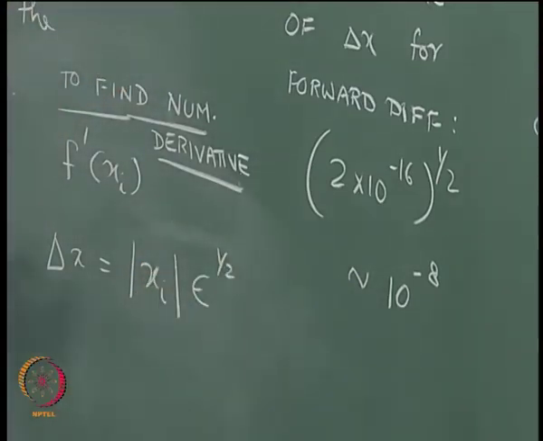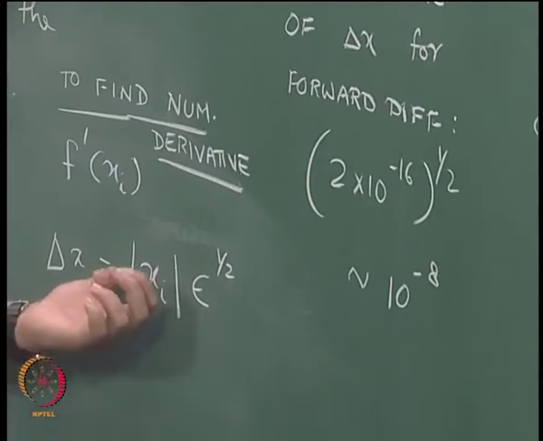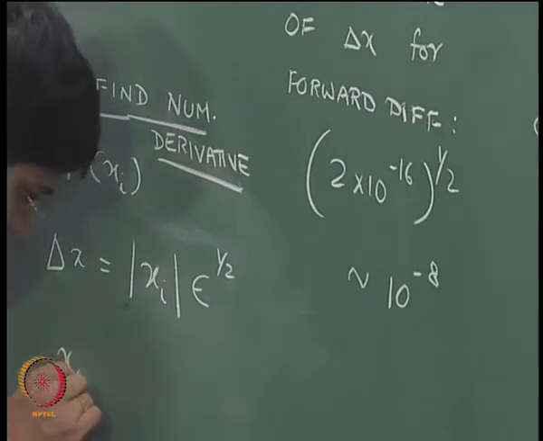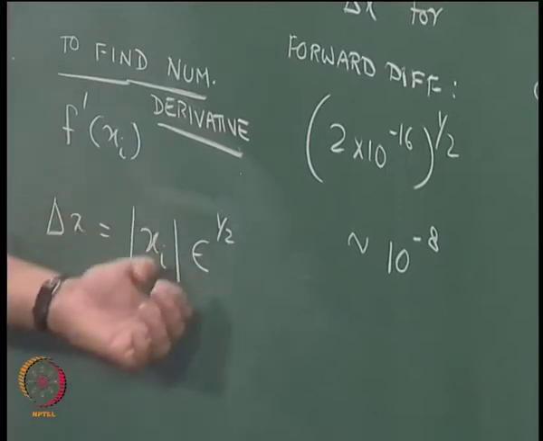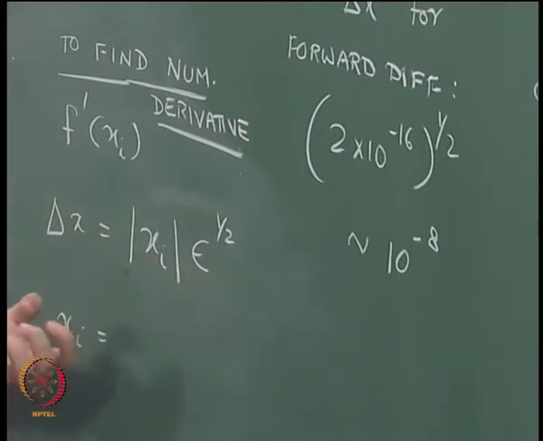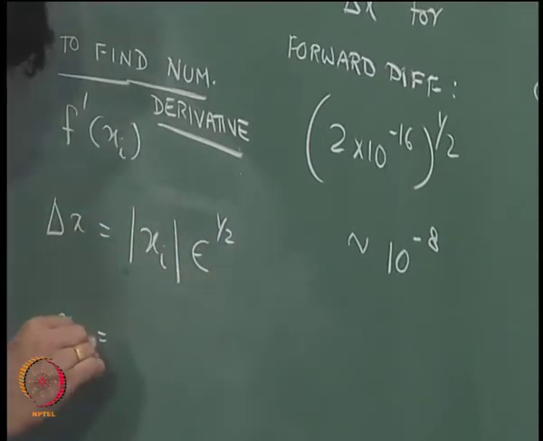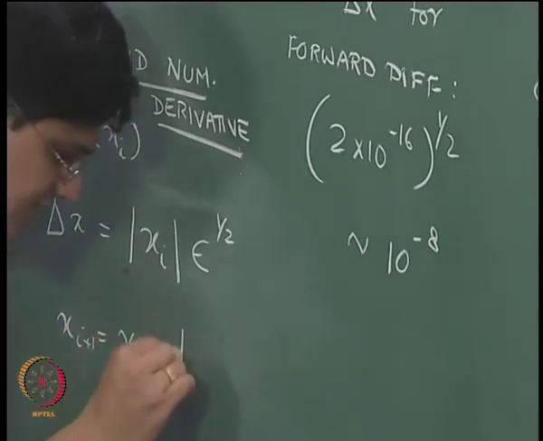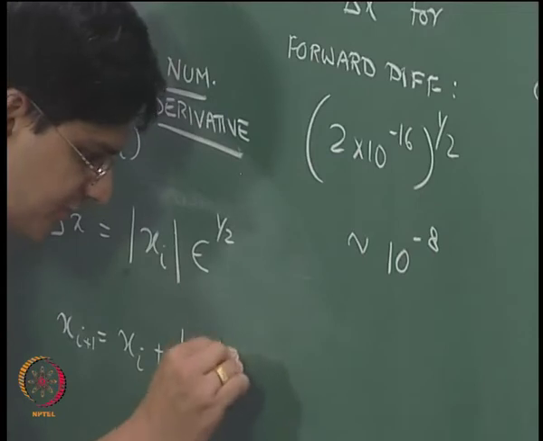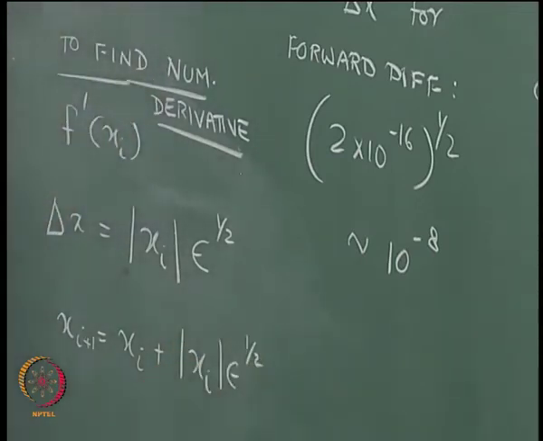Do not just use epsilon to the power half, it is the absolute value of xi multiplied by epsilon to the power half. So xi plus 1 is going to be equal to xi plus xi epsilon to the power half.